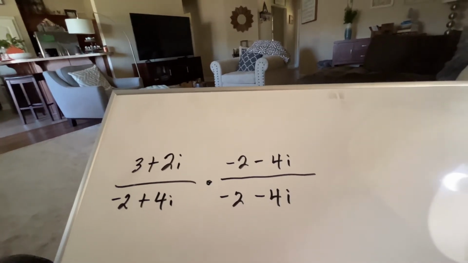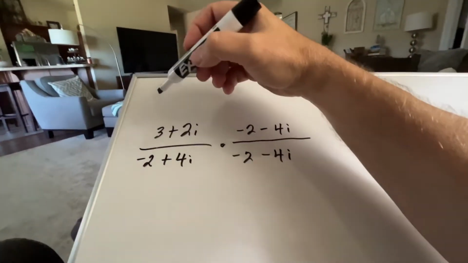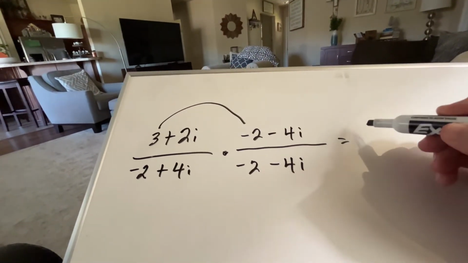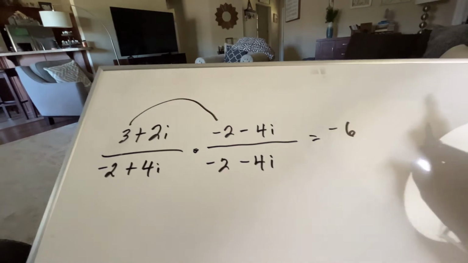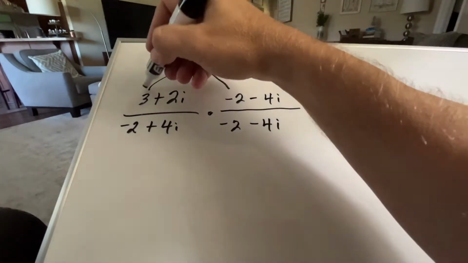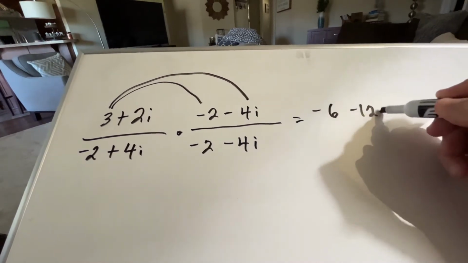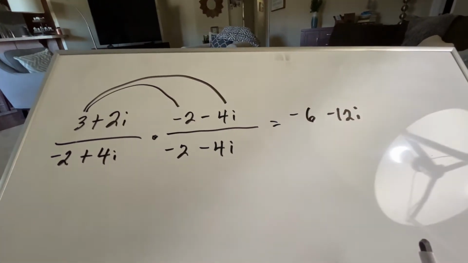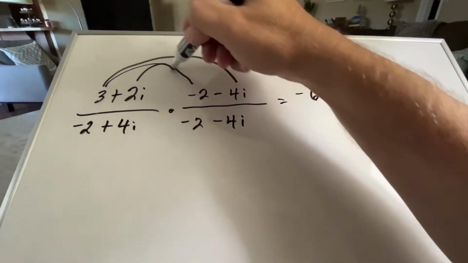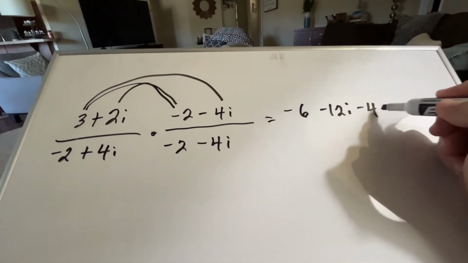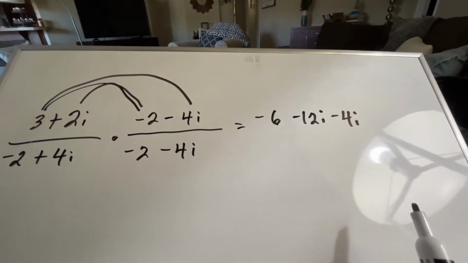Notice if we multiply the top, we're going to use the FOIL method: first, outer, inner, last. If I multiply the first terms, what do I get? Negative 6. Then 3 times negative 4i is negative 12i. Then 2i times negative 2 is negative 4i.